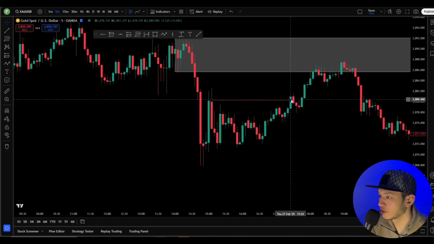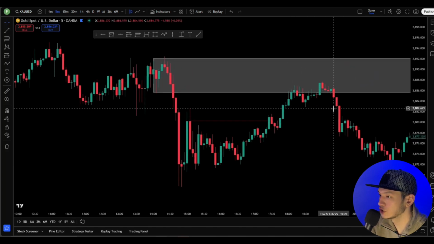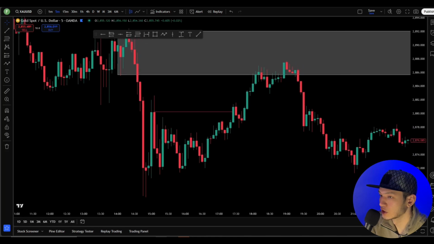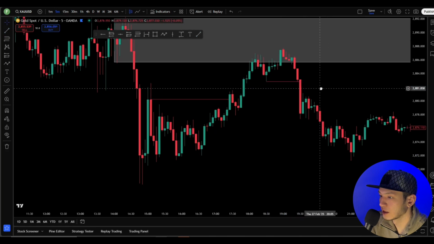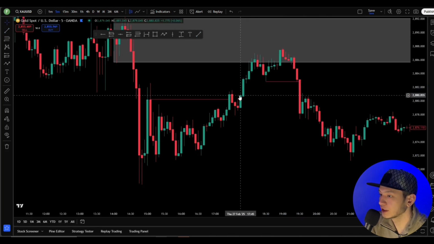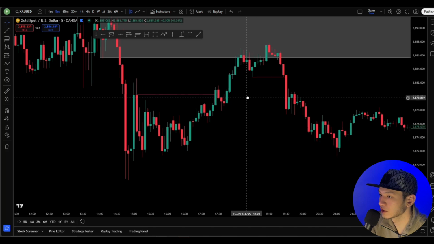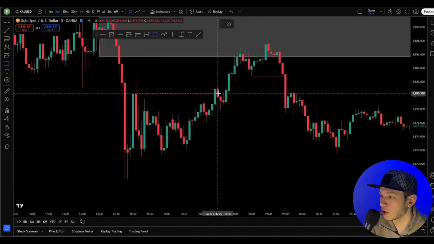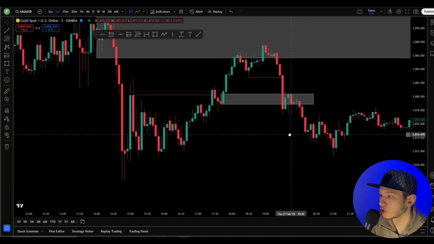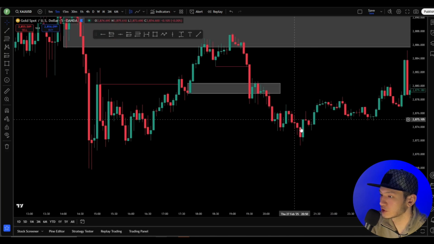You might think this is the breakout. Once you had a breakout, you need to have, let's say, a liquidity. So you might mark this one as a first liquidity, and this as an FVG or something like that. And you mark this one as an order block, and you just got stopped out.